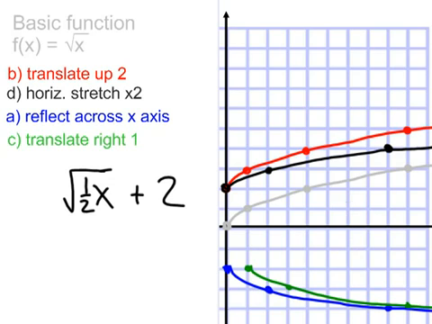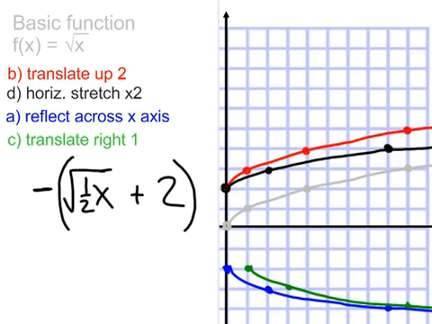So with that in mind, keep in mind that our expression here is a y value, and when we multiply it by -1, we need to put it in parentheses and multiply the entire thing by a negative. That is a major point. Don't just multiply the square root of 1/2 x part. You've got to multiply everything by -1.